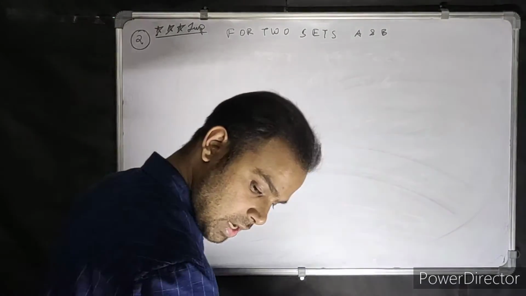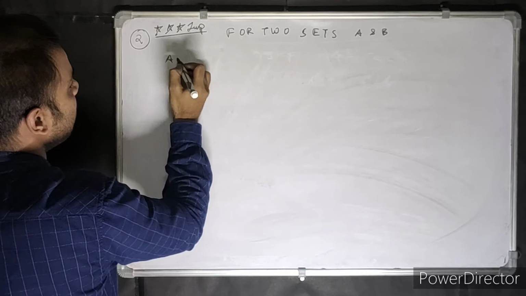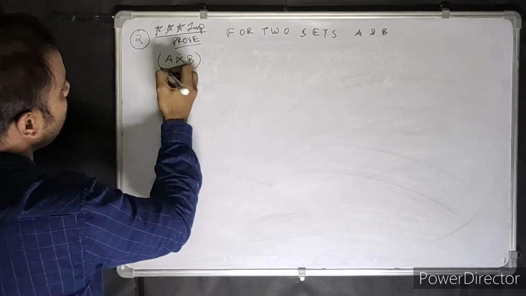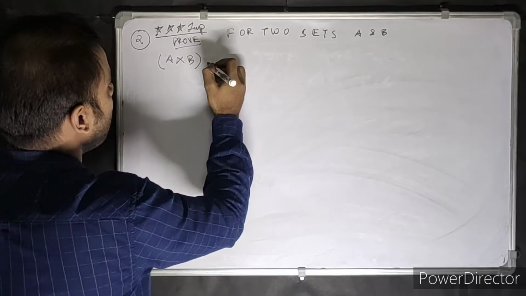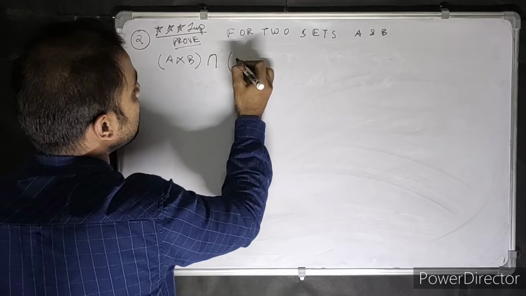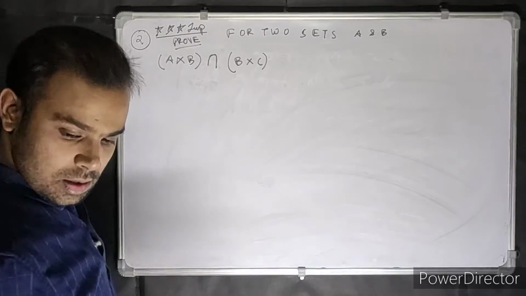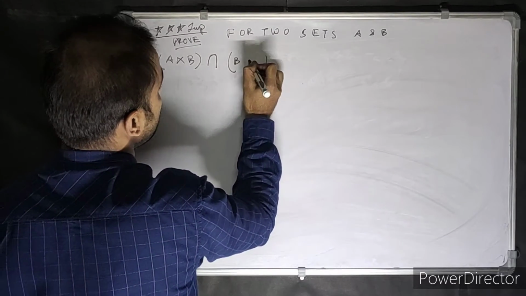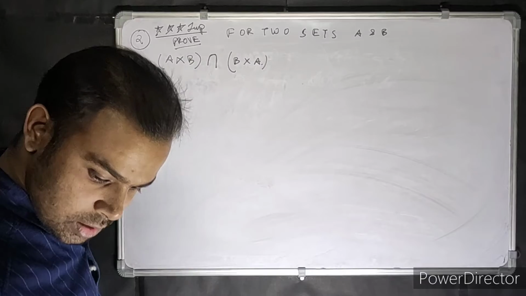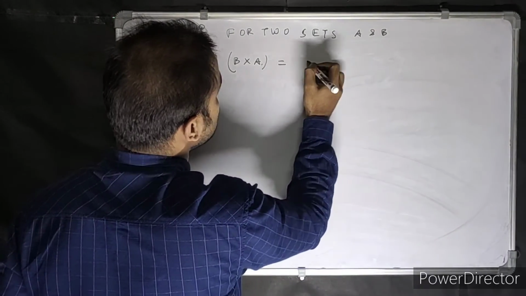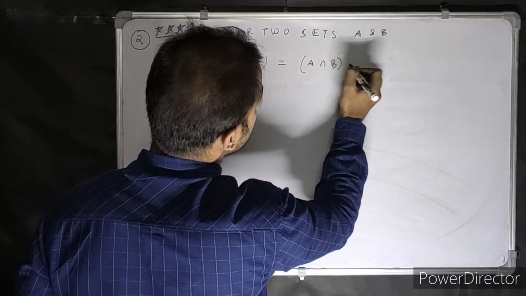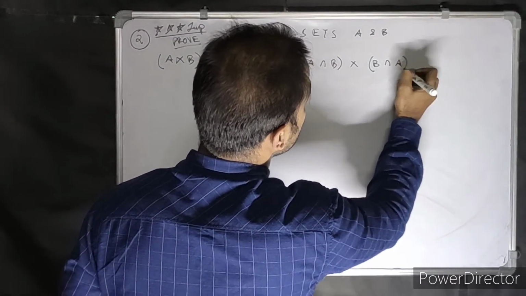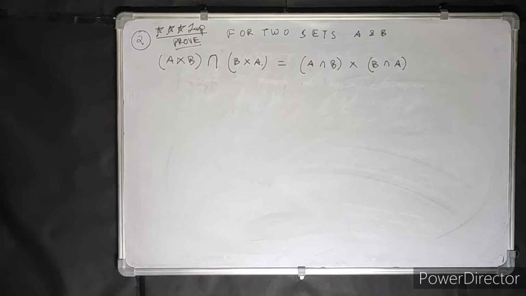For two sets A and B, we have to prove that A cross B intersection, not B cross C, it's B cross A, is equal to A intersection B cross B intersection A. So you get two-way proving, of course, you have to do over here.